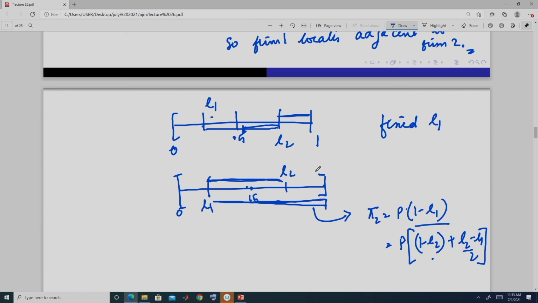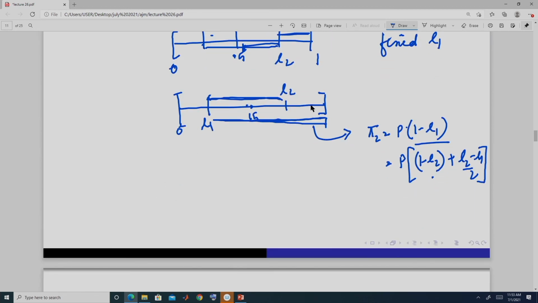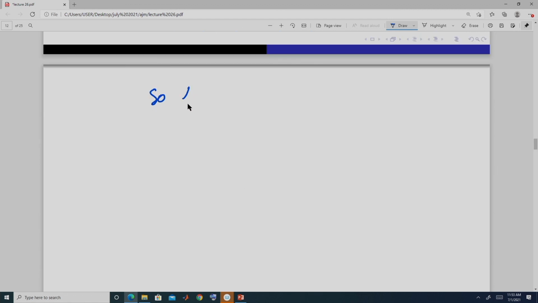So, again from this argument you will see firm 2 is the peripheral firm from the right. So, firm 2 locates adjacent to firm 1.